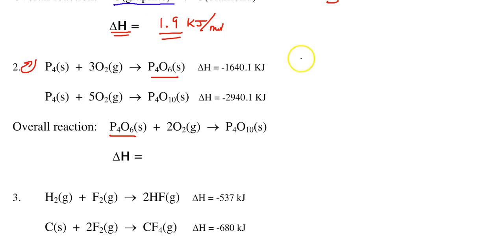So I rewrite it. Maybe this time I can do it right. P4O6, big arrow, P4 plus 3O2. Now I'm flipping it around, so I'm going to make note that I'm changing this sign. Now I have P4 on this side.